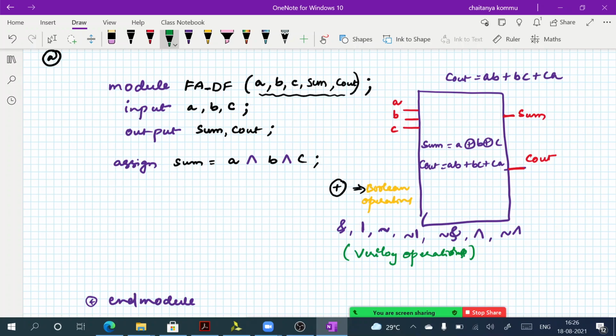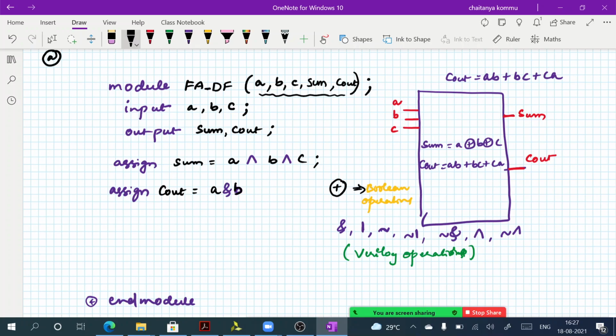Clear? Okay, so let us write again the other statement for Cout. Cout is equal to A ANDed with B, right? That is the AND operation.